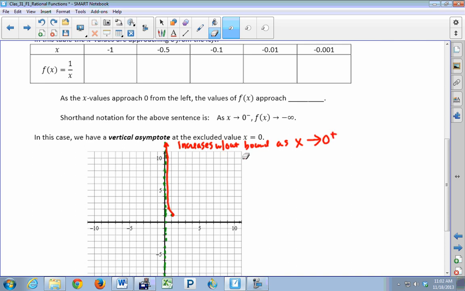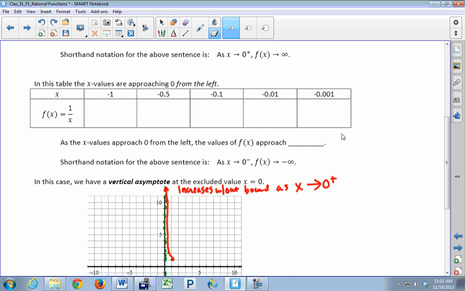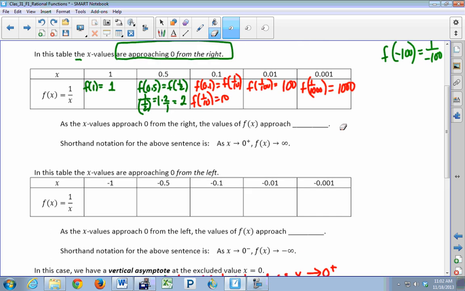This is new notation. As x gets close to 0, and that little superscript plus says I'm coming from the right. So as x approaches 0 from the right, the value of your function approaches positive infinity. It increases without bound. Now, as you know, mathematicians do not like writing all these words out.